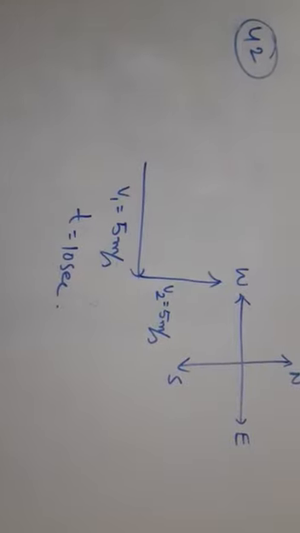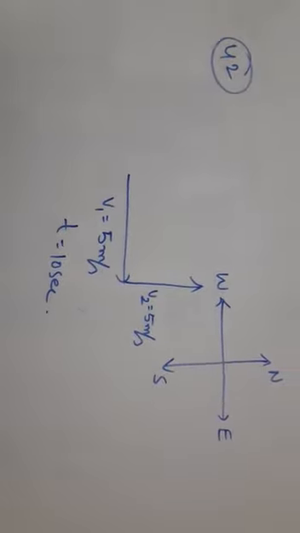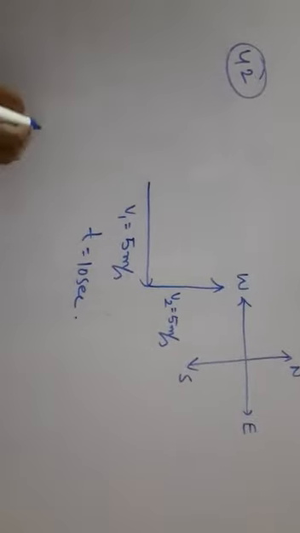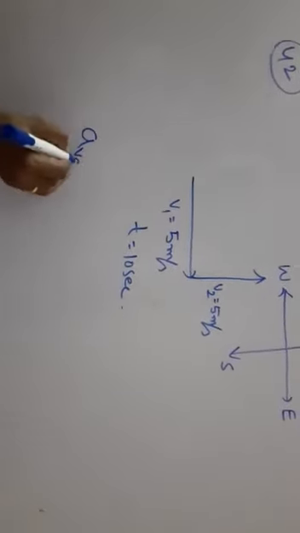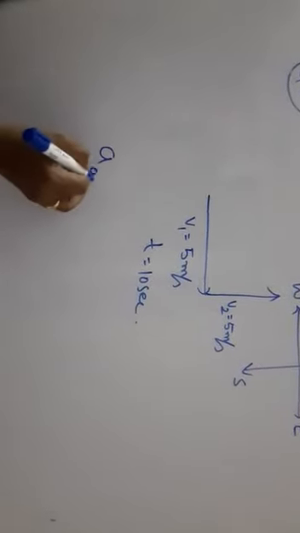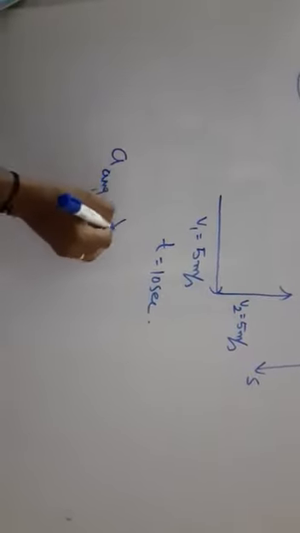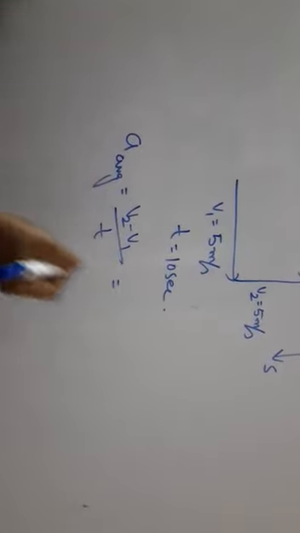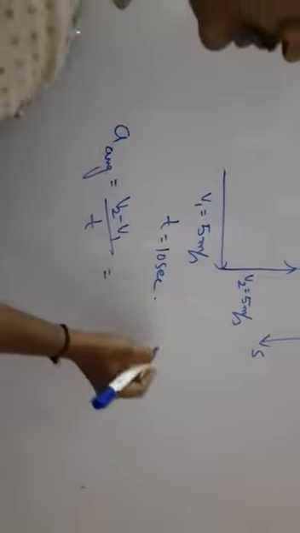What is the average acceleration and direction? Average acceleration is equal to change in velocity by time.